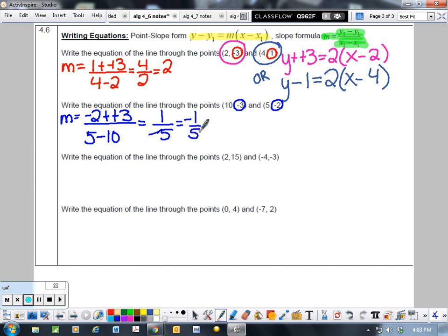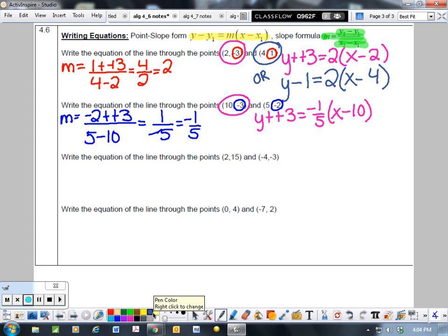And now I get to pick which equation I'm going to work with. So if I use my first point, I would go y minus the y value of my point equals my slope times x minus the x value of my point. I take care of the double negatives, and there's my equation.